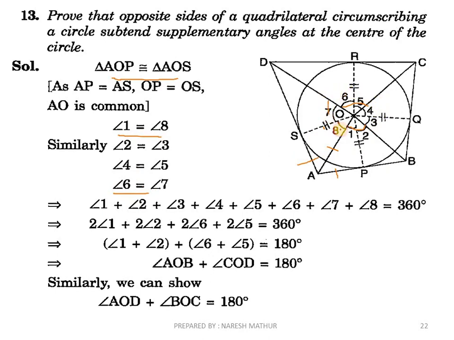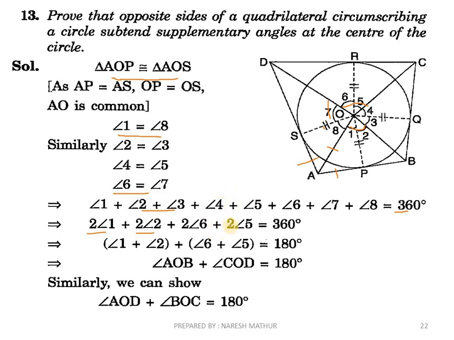The sum of all these angles would be 360, because they are making a complete angle. After making pairs, let's say 1 and 8, we can write twice of angle 1. 2 equals 3, so we can write 2 plus 3 as twice of angle 2.